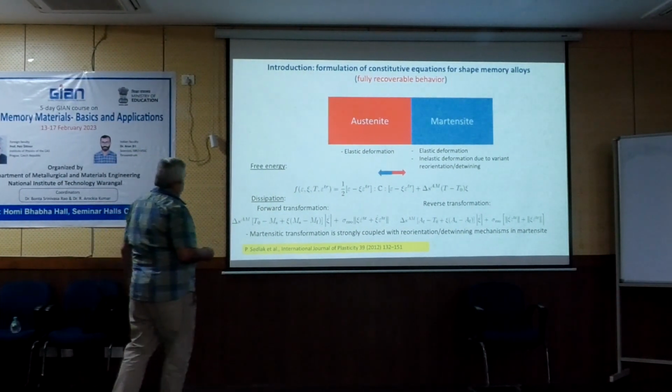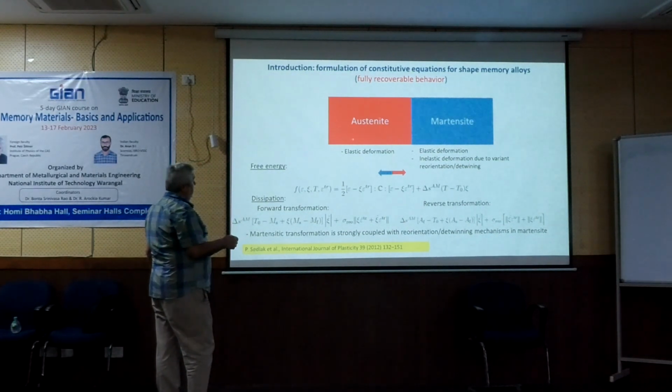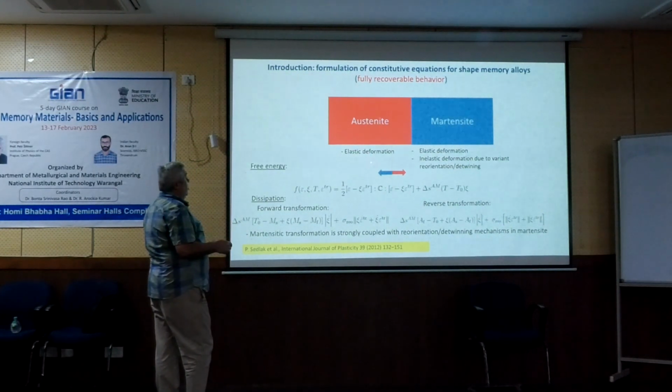I would start from this one. In the model which I talked about before, which was only for phenomena derived from martensitic transformation, I have two phases. There is a martensitic transformation between them, but in addition, there are processes inside the austenite.